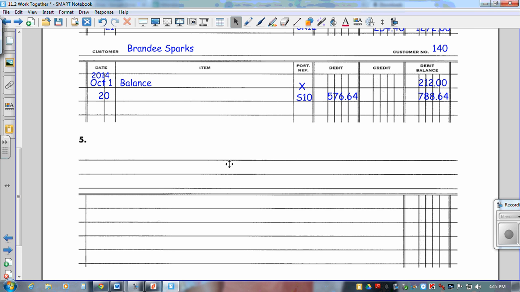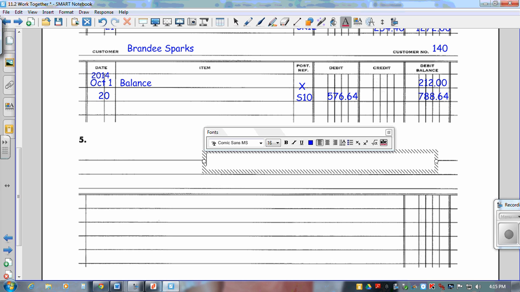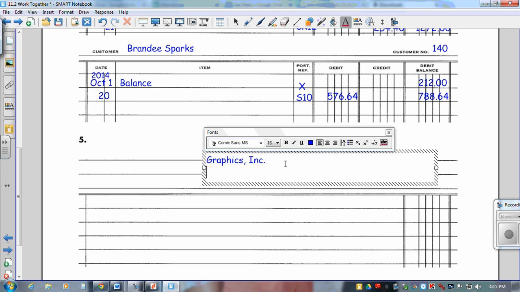So to start our schedule of accounts receivable, on the top line we're going to put the name of our business. Our business is called Graphics Inc. And that will be centered. On the next line, we're going to type schedule of accounts receivable.